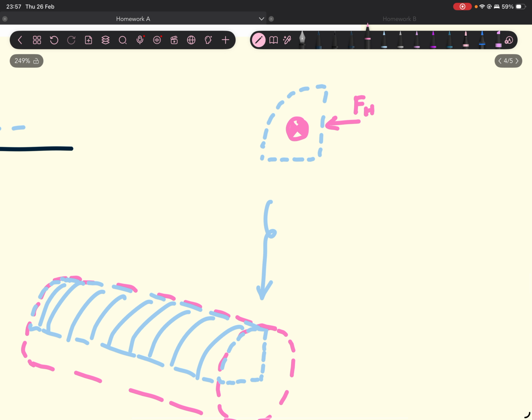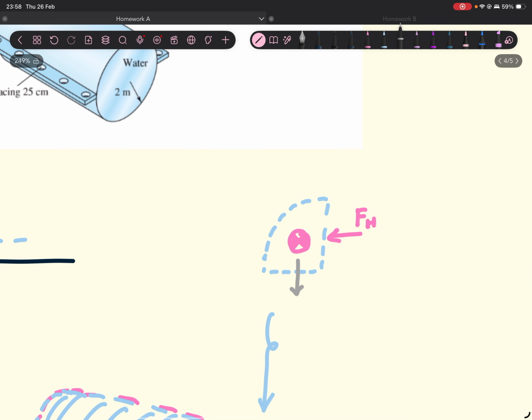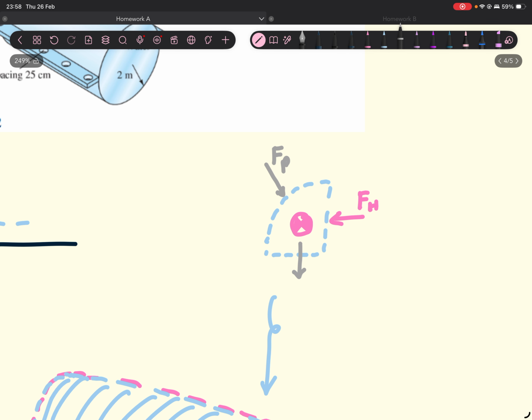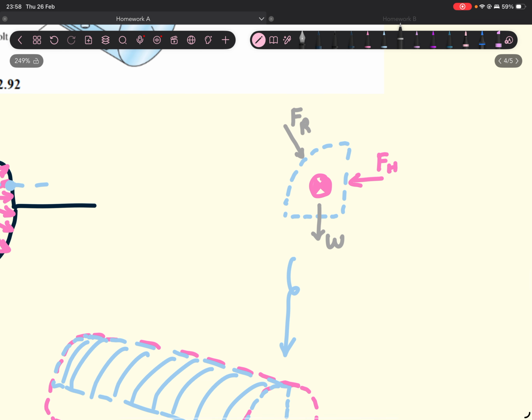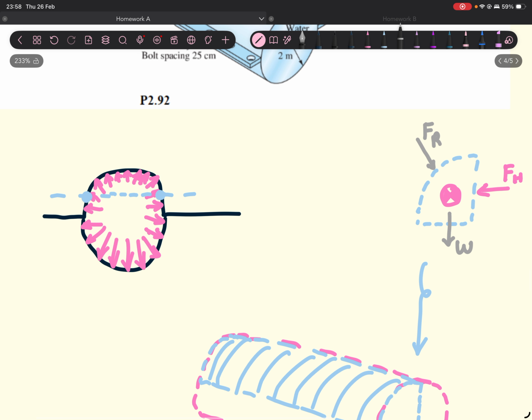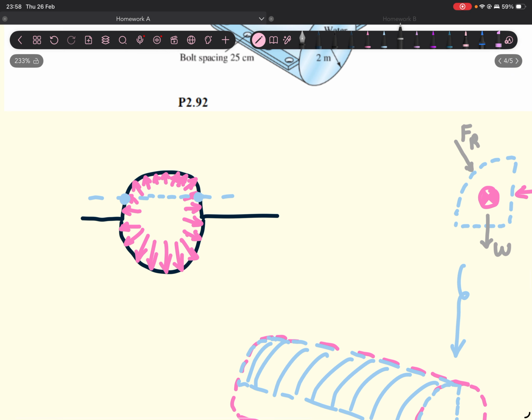And then we're also going to have a reaction force. It might be kind of difficult to see the reaction force, but let's say we didn't draw that reaction force. We're going to have the weight of the fluid, and then we're also going to have a resultant force, so we're going to call this FR, and we're going to call this W for the weight. So the resultant force is basically from the pressure.